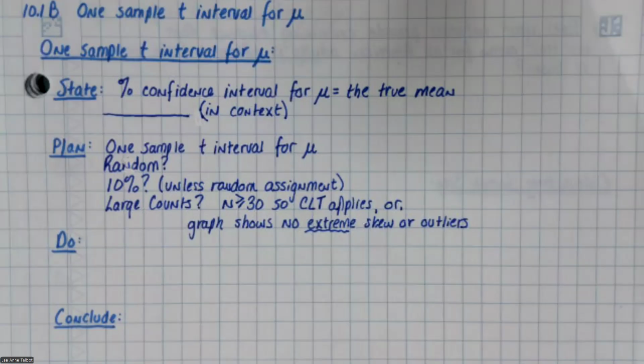So when I read this, I read to myself, no extreme skew or outliers. It's got to be really extreme for it to not pass the condition. Like really bad. Like extreme. So now I've ruined the word for you, but whatever I can do to make you remember. There really are going to be some where you're going to question it.